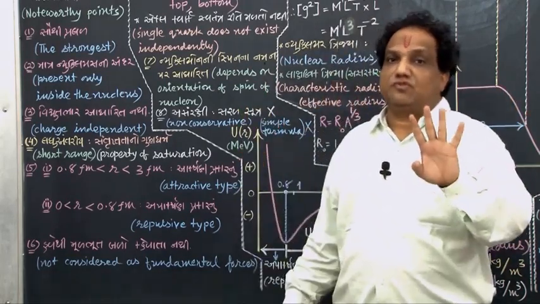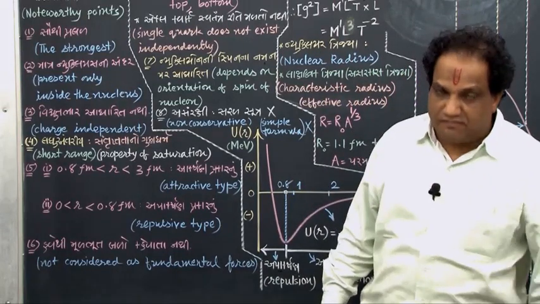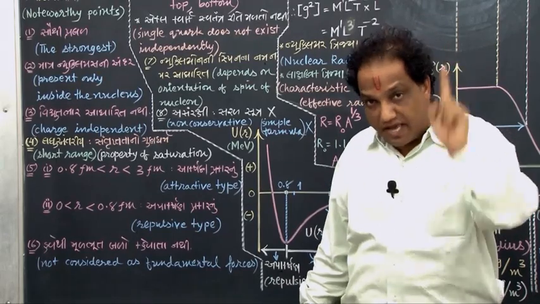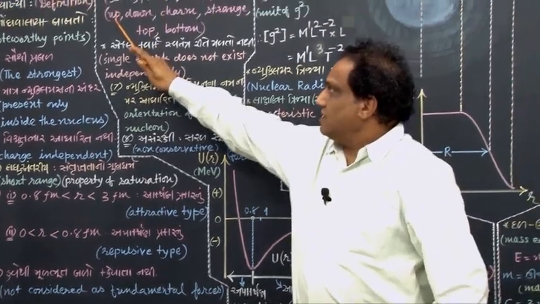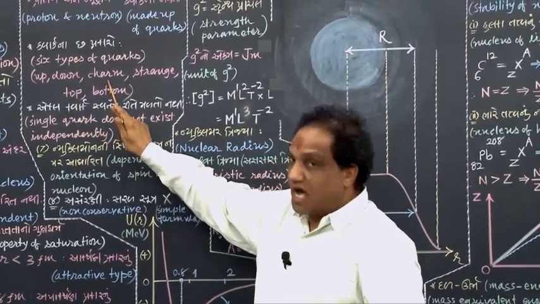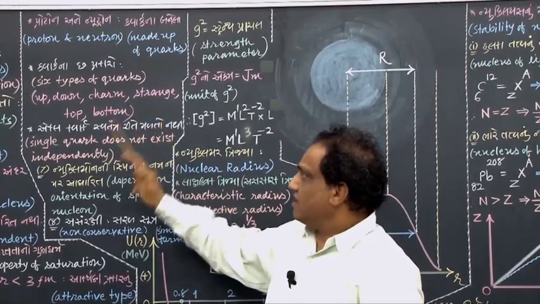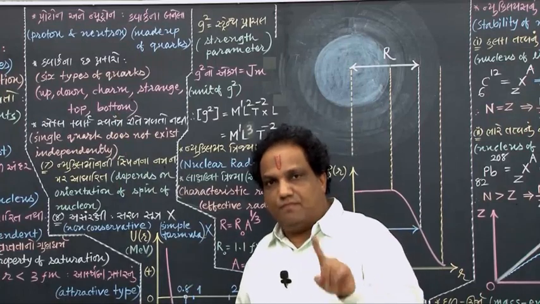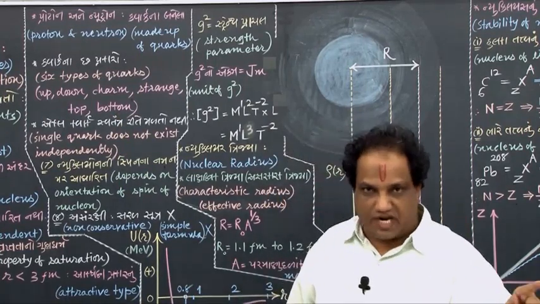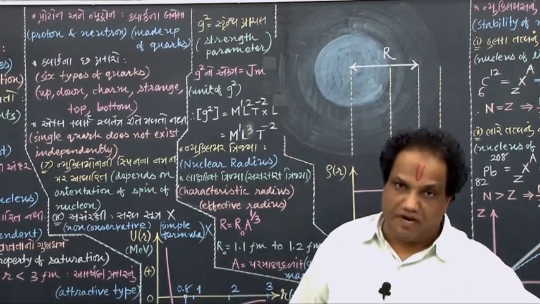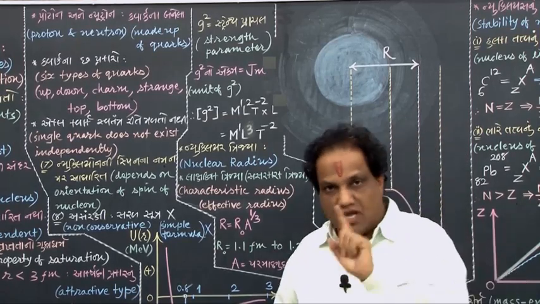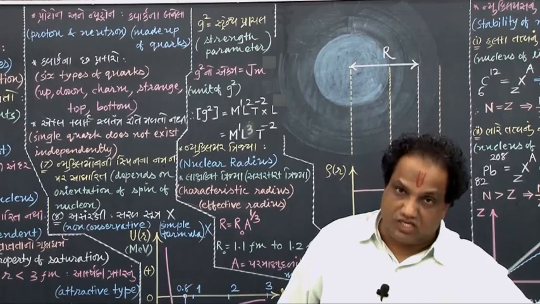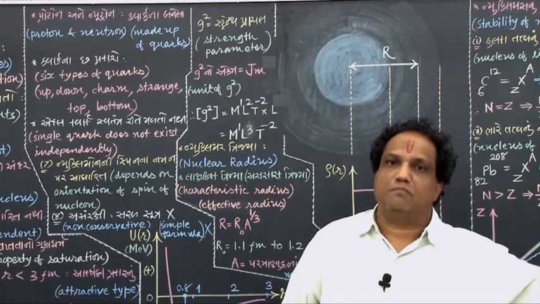There are 6 types of quarks we have found so far, and you are supposed to remember their names: up quark, down quark, charm quark, strange quark, top quark and bottom quark.